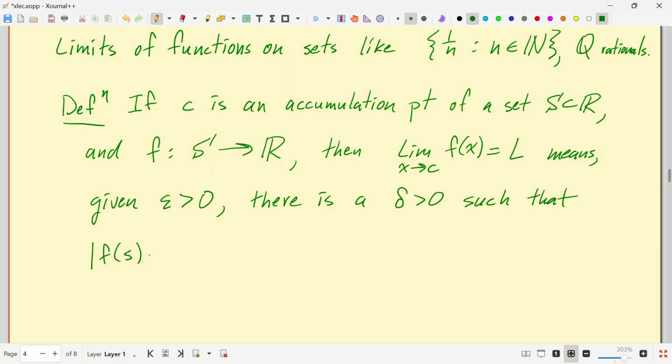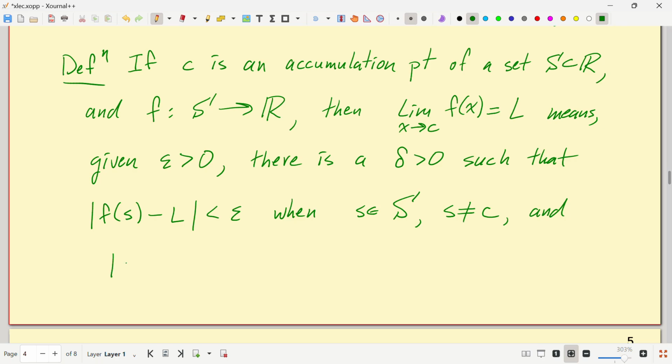F of s, little s, minus L is less than epsilon when, okay, s, little s, of course, needs to be in the set, big S. S should be unequal to C, and it should be within delta of C. Okay, I mentioned last time there's infinitely many points in a little delta neighborhood like that in S, so there's infinitely many S possible to check in this inequality.